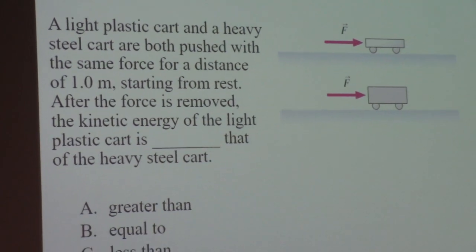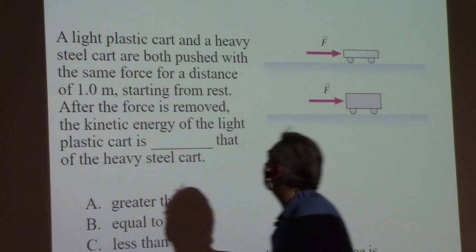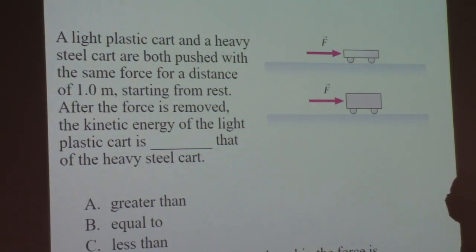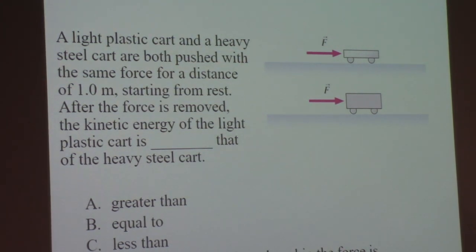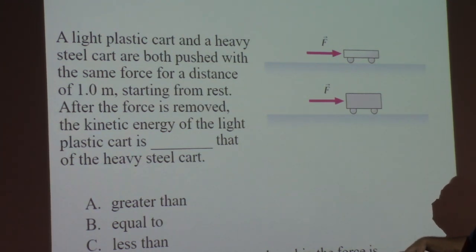A light plastic cart and a heavy steel cart are both pushed with the same force for a distance of 1 meter. So same force, same distance, and they both start from rest. After the force is removed, the kinetic energy of the light plastic cart is greater than, equal to, or less than the heavy cart.